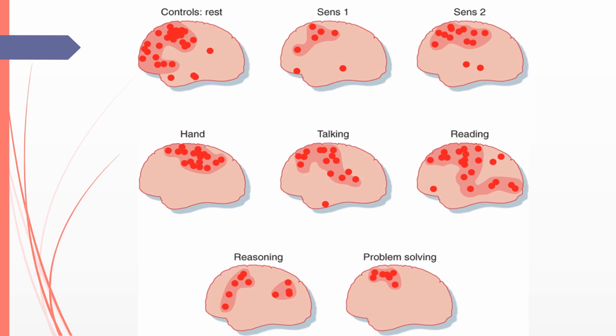In the controls, you can see the areas during rest, then during sensory stimulation, by moving the hand, while talking, while reading, while solving a problem, while reasoning. They have identified all these areas using radioactive imaging.